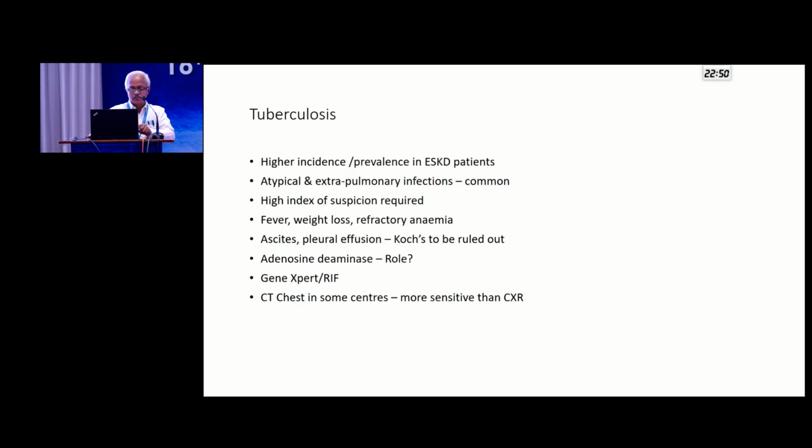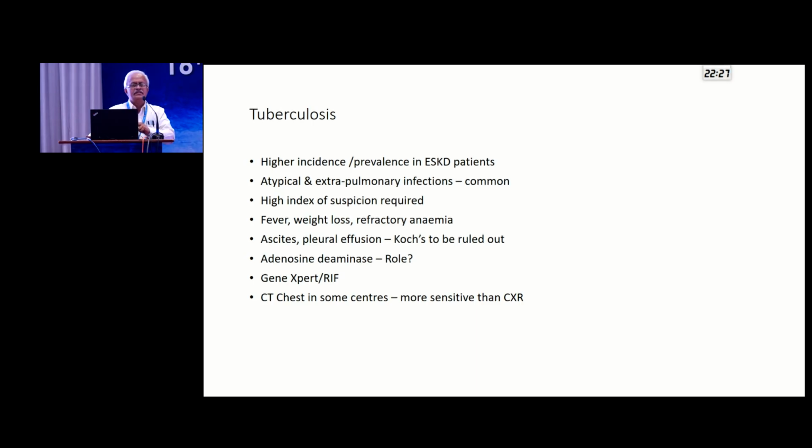The first and foremost is tuberculosis, the most difficult one. We all know the very high incidence and prevalence of tuberculosis in end-stage kidney failure patients. The exact magnitude we don't know because there are no data in most of our centers. In the reported literature, it is from 10% up to 20% in ESKD patients.